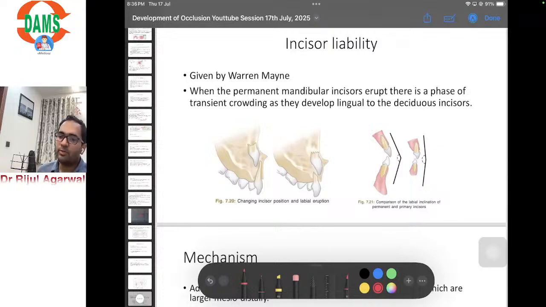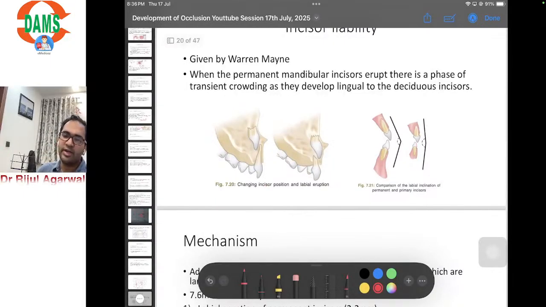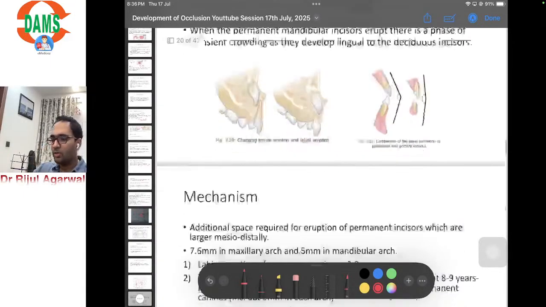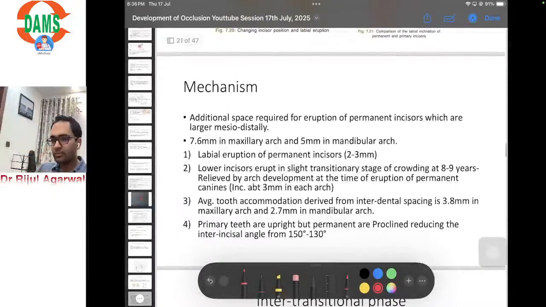What will you do? What will be your advice? Options are start fixed braces, advise an expansion appliance, something horrible, and one option will be wait and watch or assure the mother. This is the kind of MCQ you get.